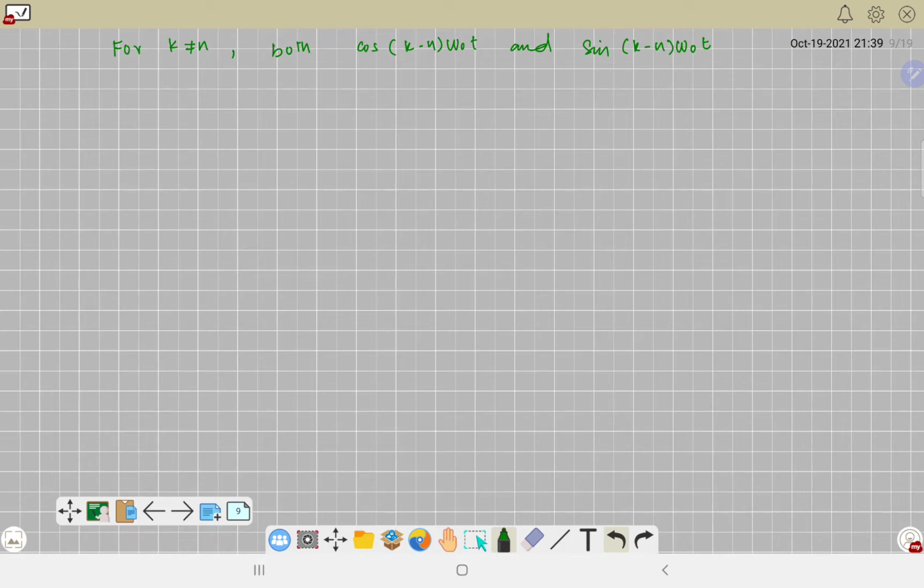These quantities are periodic because we are talking about the continuous time domain. And if you integrate a cosine signal or a sine signal over one time period, it is going to be 0. Fine, I will show graphically.